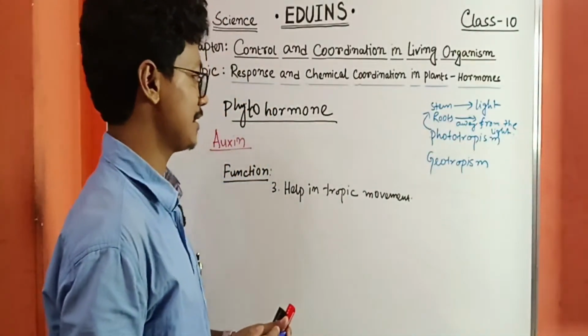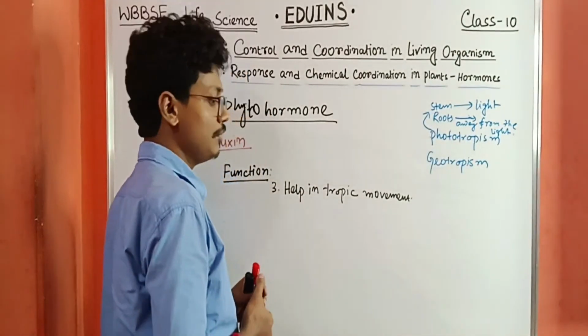What happens in phototropism and how auxin will help?